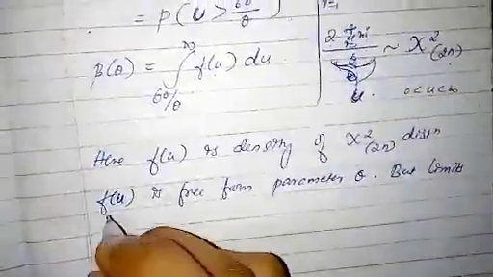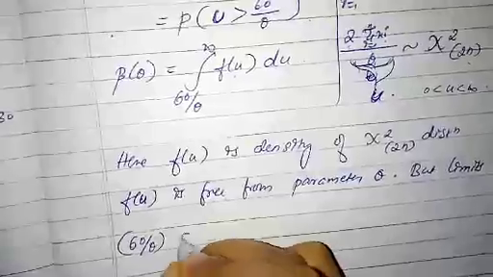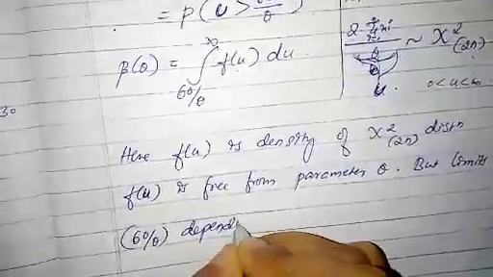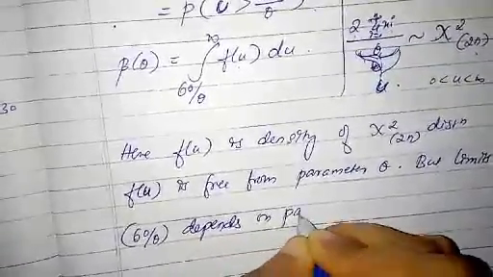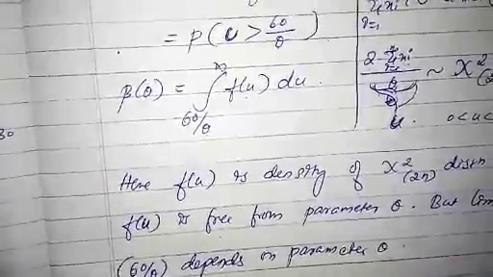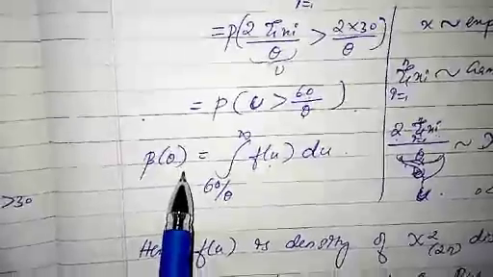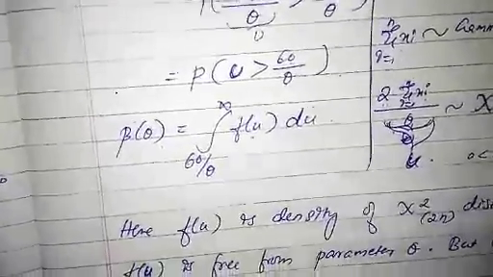The limit 60 divided by theta depends on parameter theta. So to differentiate beta of theta, we can use Leibniz rule.